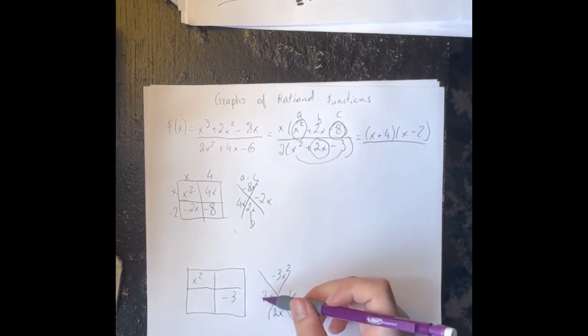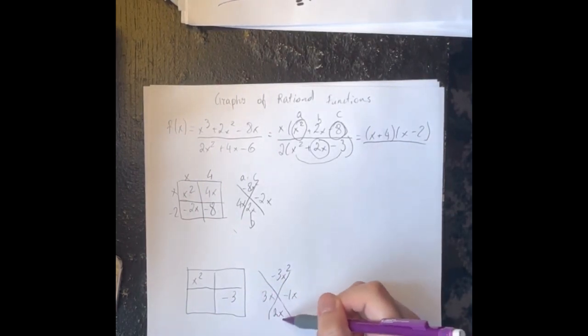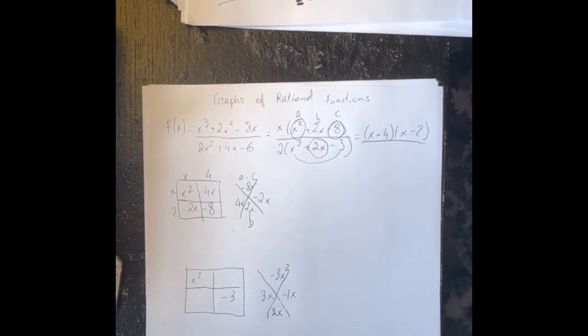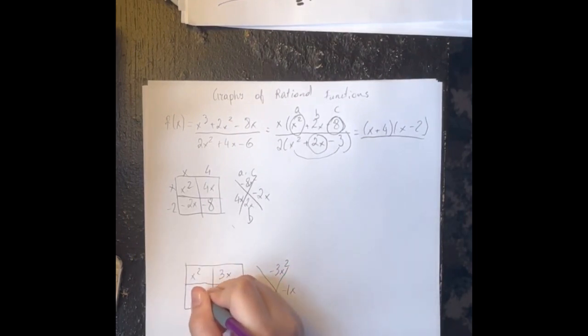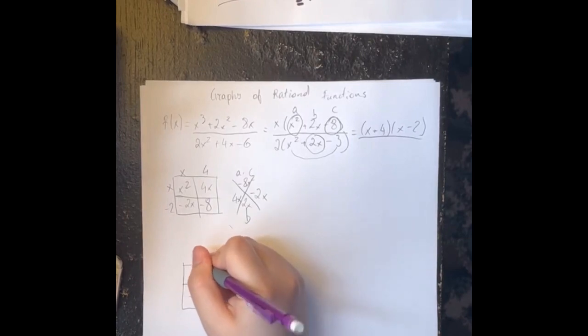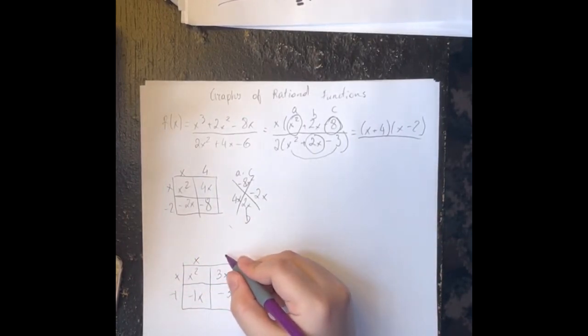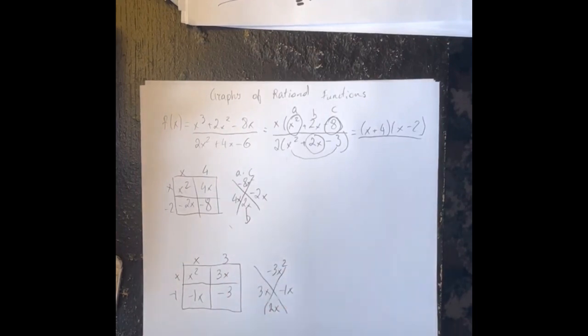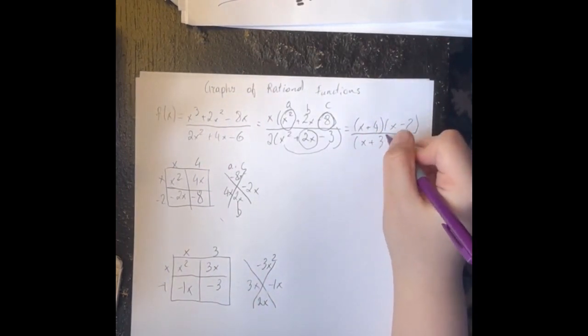You couldn't put negative 3 but positive 1 because that would mean that the 2x would be negative. So it wouldn't work. This is the best one. Then we put those in the box. We would get this.